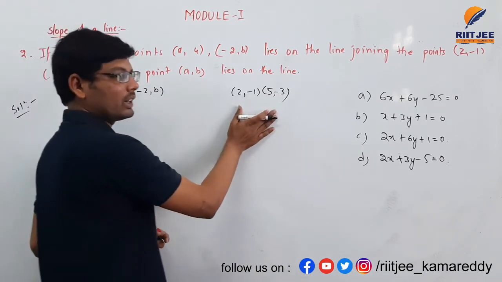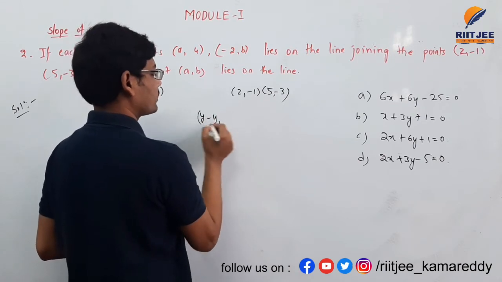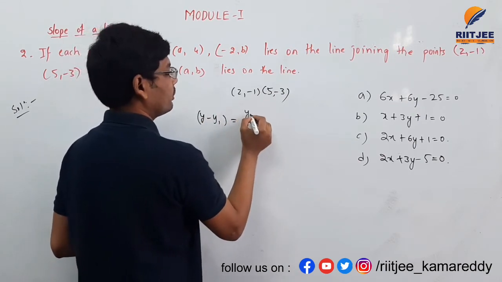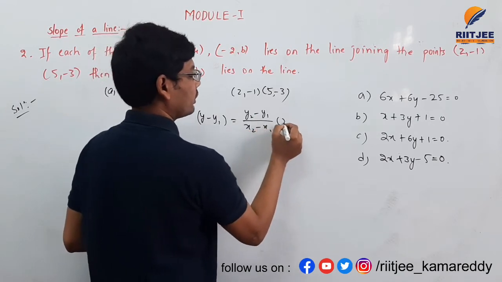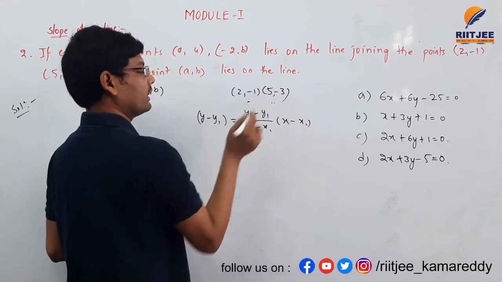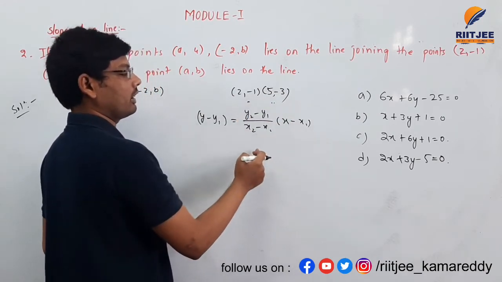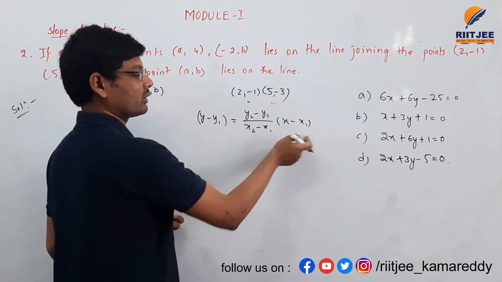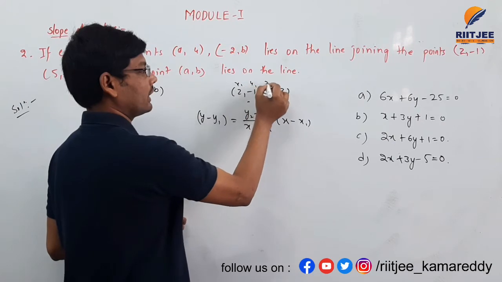So from these 2 points I am taking the equation: y - y1 = (y2 - y1)/(x2 - x1) into (x - x1). When 2 points of a line are given, this is the formula to find the equation. This is nothing but the slope here. So this is x1, y1, x2, y2.